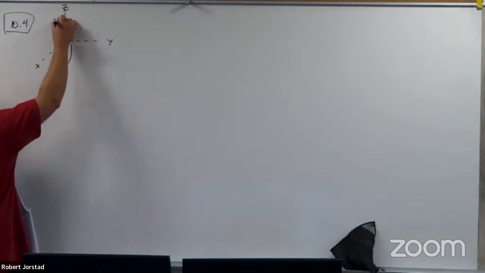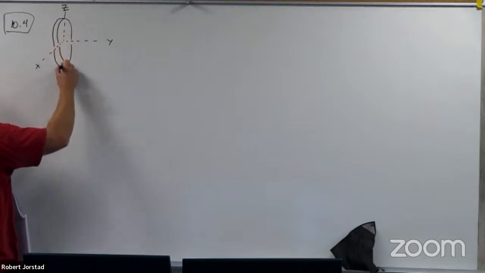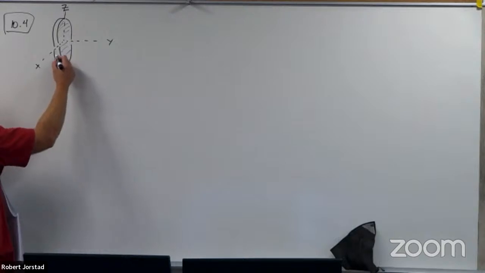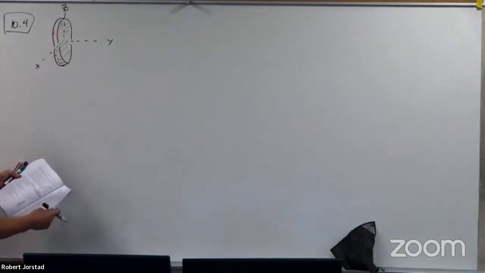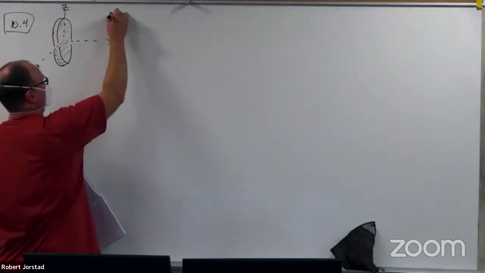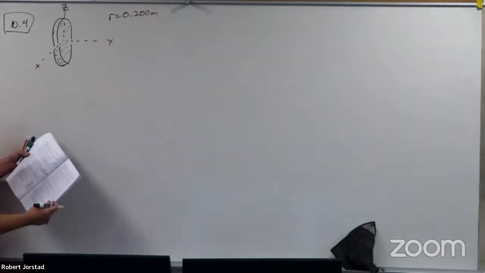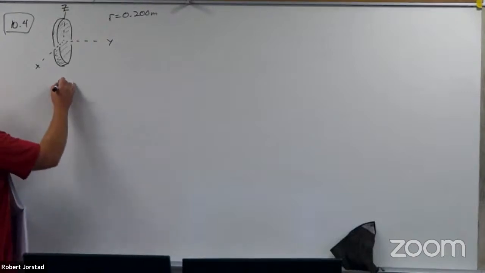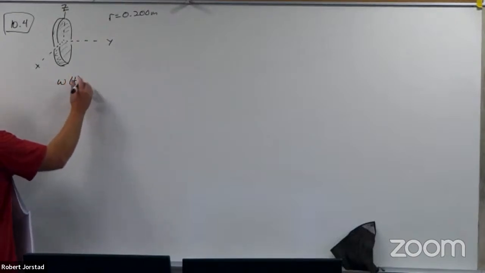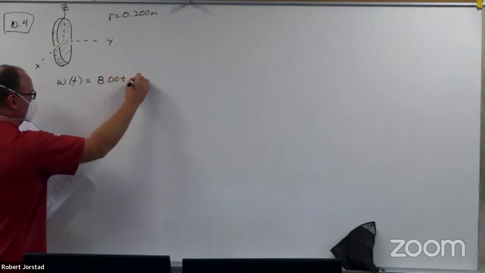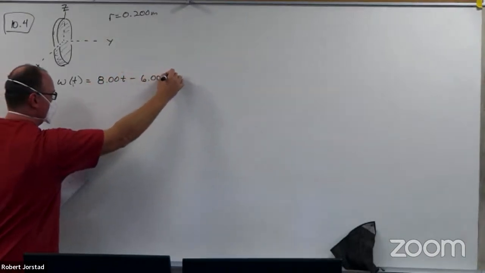All right, that's a terrible looking disk. Okay. Rotating. R equals 0.200 meters. We get some screwball equation here. Omega of t equals that.